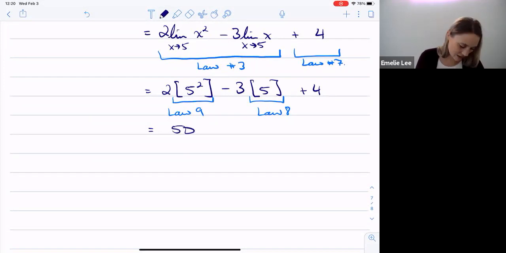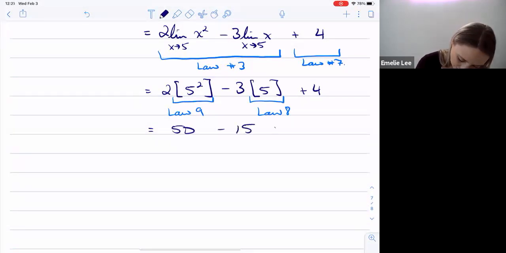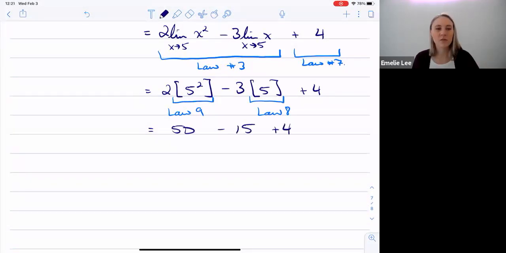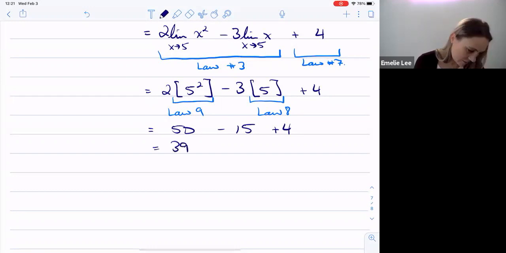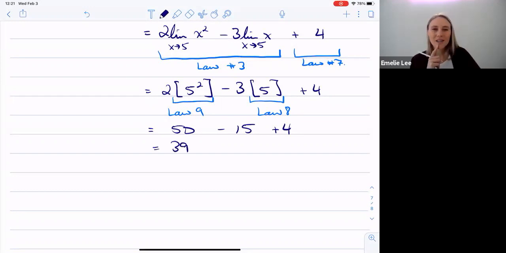I'm terrible at plain old math, but that's okay. 50 minus 15 plus 4 puts me at 39. So now I have the limit of this thing is 39. So we've calculated the limit using the limit laws.